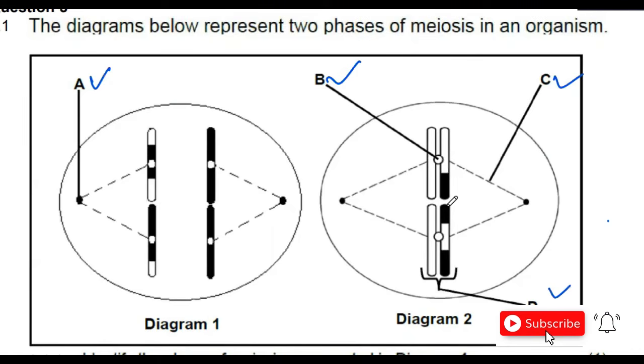When does crossing over take place? It takes place during prophase 1. How does it take place? Homologous chromosomes align together.